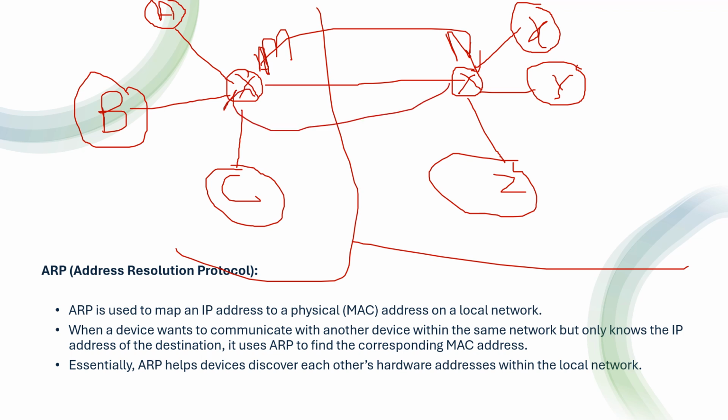Again, router N provides the message to Z. And in this way, host A gets the IP information or MAC information of host Z. This is how ARP works.